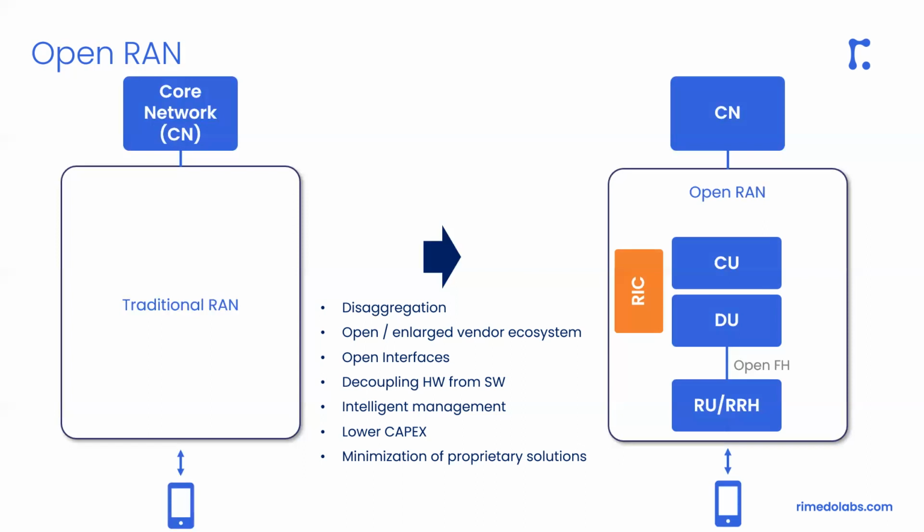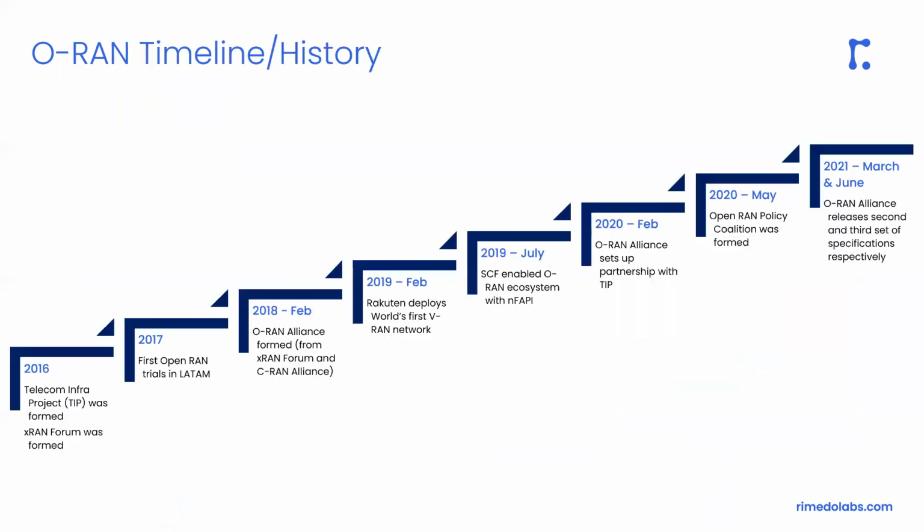So it's not the disaggregation itself, it's not the decoupling hardware from software itself, it's not the intelligent management itself, it's not open interfaces itself, but the Open RAN is all of those things together.